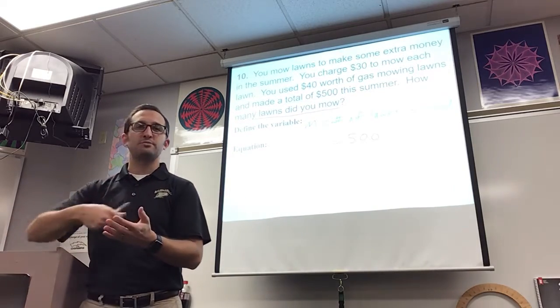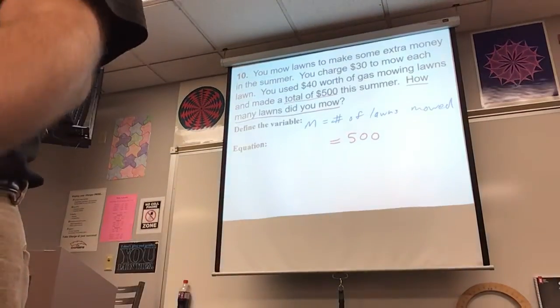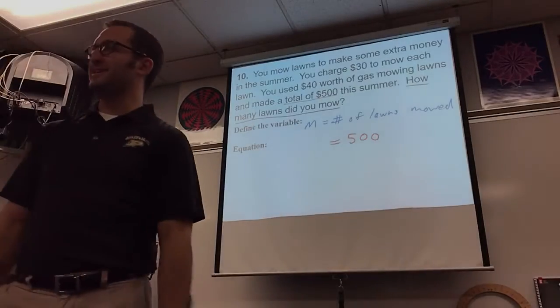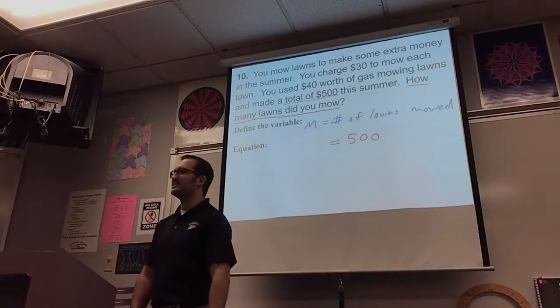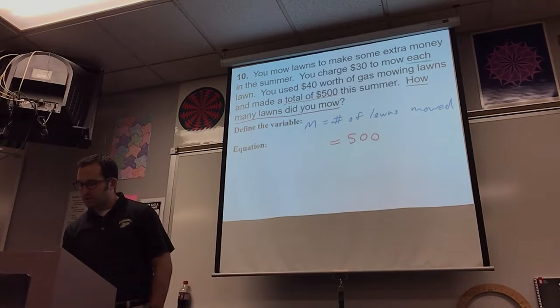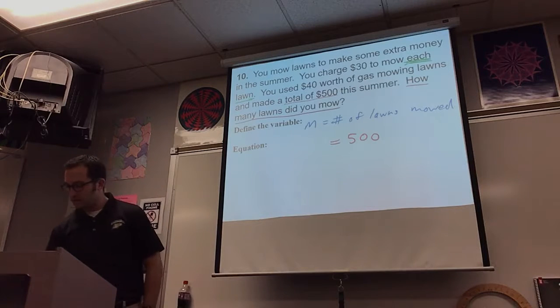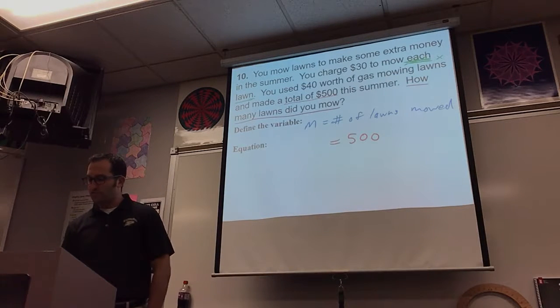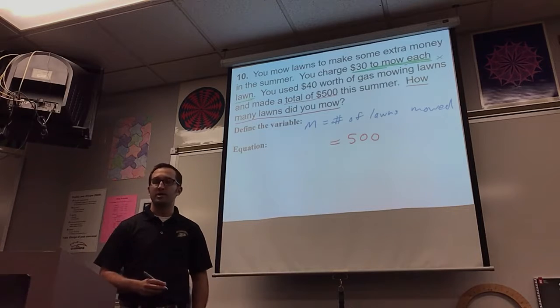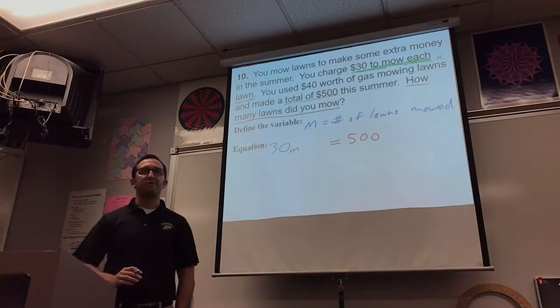If there are 10 of you, how much money will I have to pass out? 50. 5 times 10 is 50. Notice it's multiplication. So whenever you see "to each," that's typically going to be multiplication, right? So we charge $30 to mow each lawn. So 30N. Well, what are we going to do with that 40 bucks?